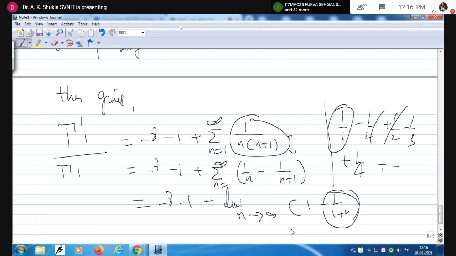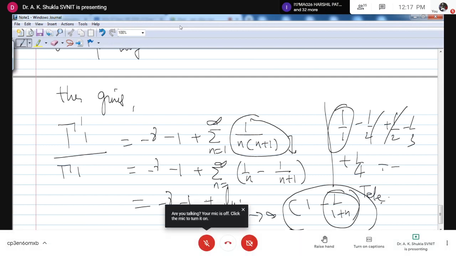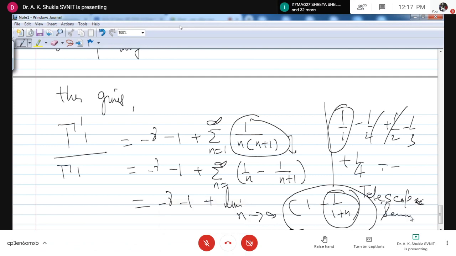This is also known as a telescopic series. So finally we get this equal to this.